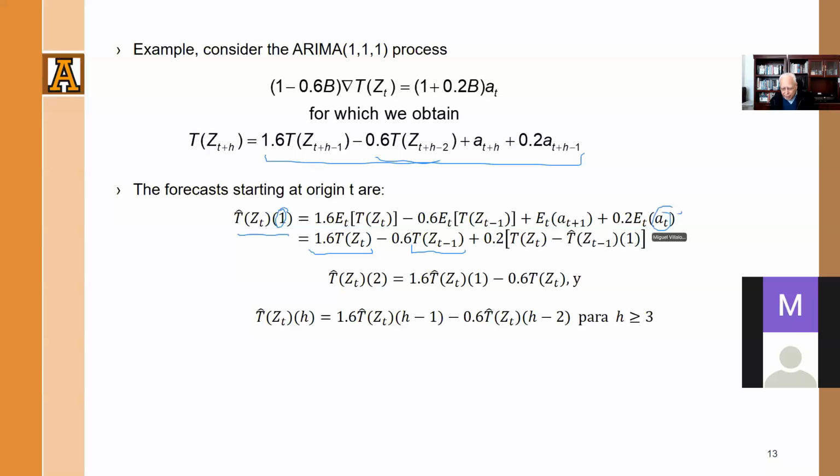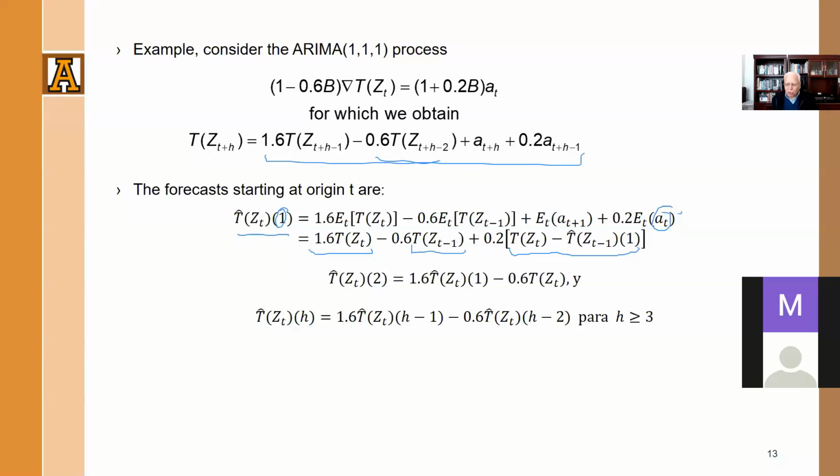We already know a at t, and a at t is the difference between the forecast one period ahead that we made the previous period, the forecast that we made yesterday for today, and the actual value for today, which I already know, and that's my estimate of a at t. So the expected value is what I already observed as a at t, which is the forecast error.